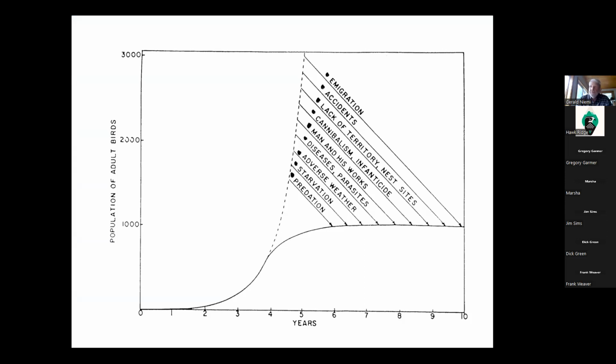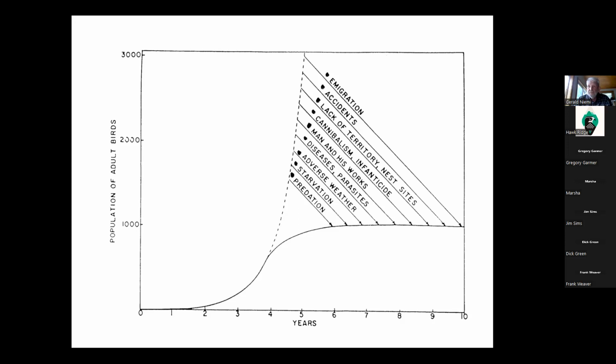I just want to point out, we'll be talking about populations and what affects populations. So I show this diagram because if you sat down with a piece of paper and looked at how a population could grow without any mortality, you'd quickly find this sort of exponential increase in the population over time.